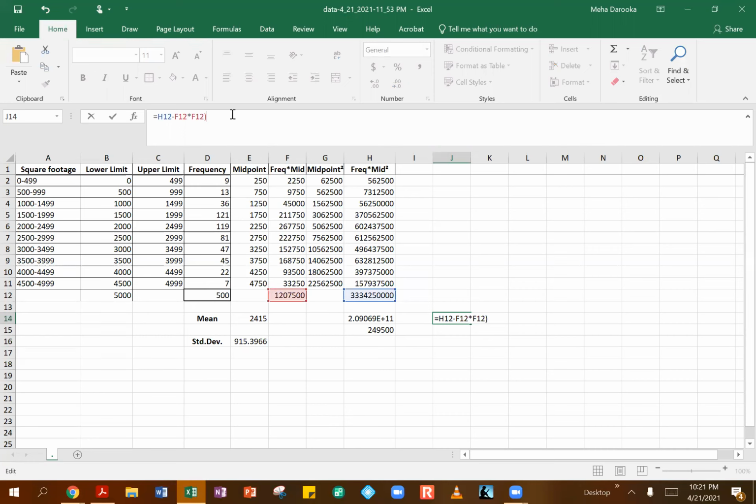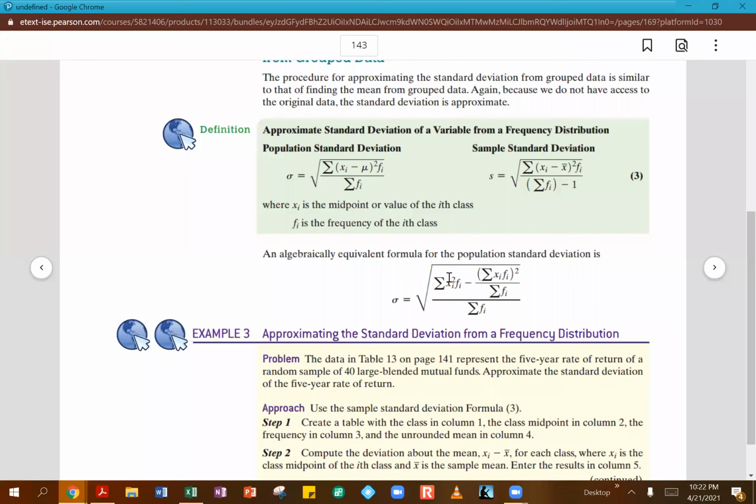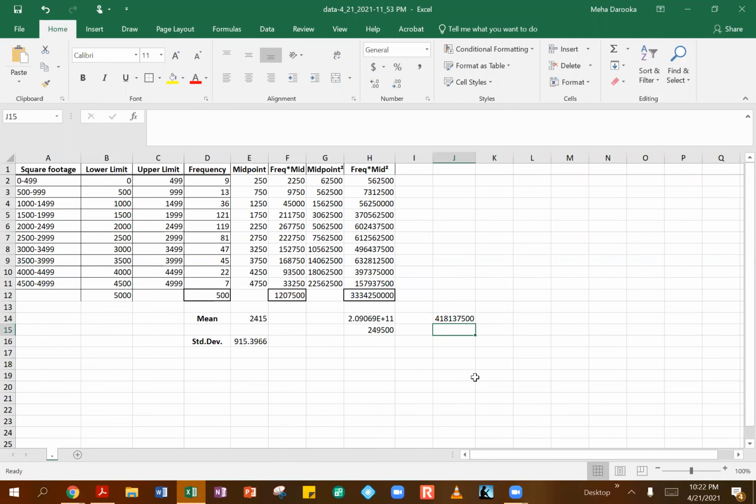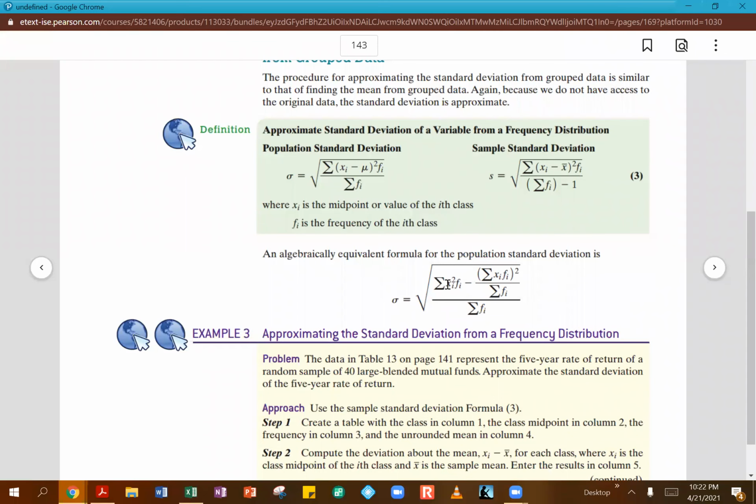So I'm actually going to put this in parentheses so we know that we're squaring these values. And then we have to divide this by the total of our frequency column. So again, just inside the parentheses, I'm going to divide this by the total of our frequency column. So this will end up giving us the numerator. So that takes care of this entire numerator over here.